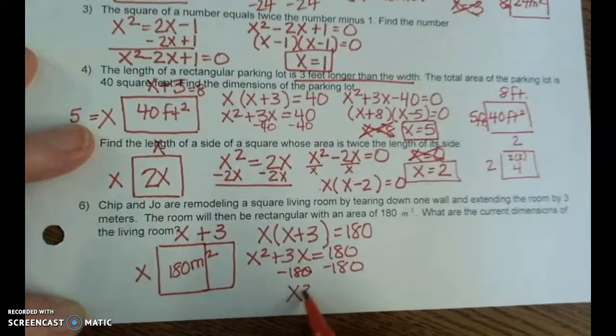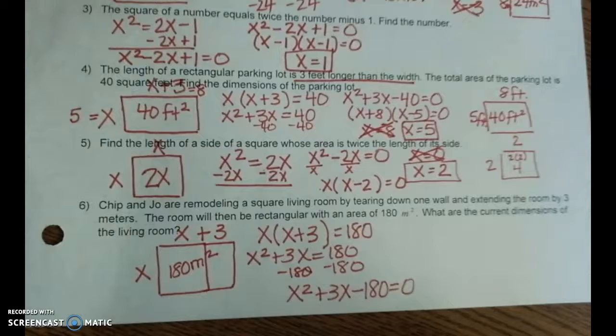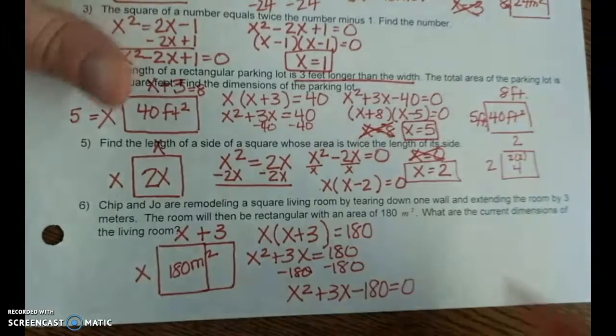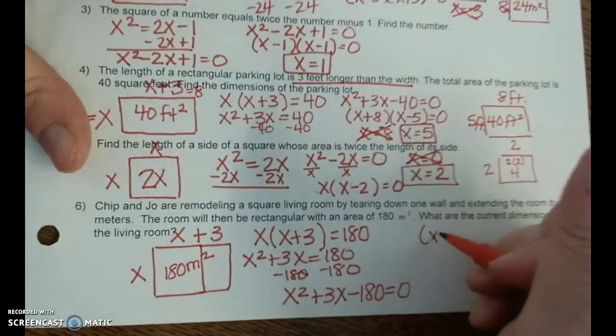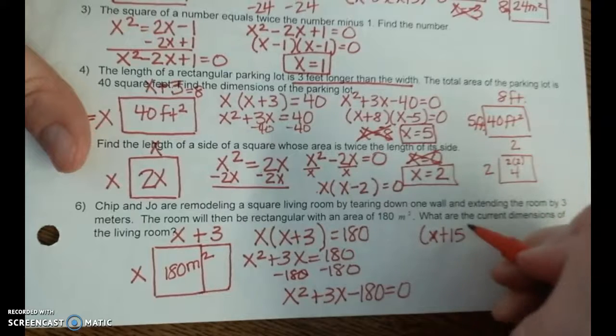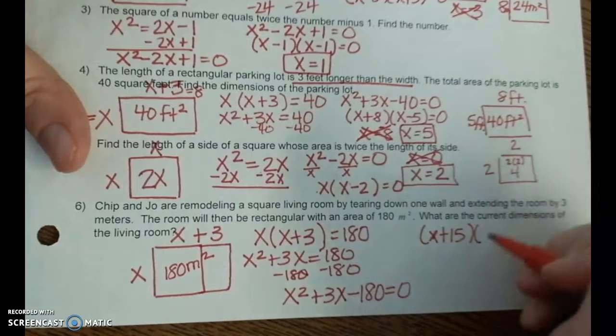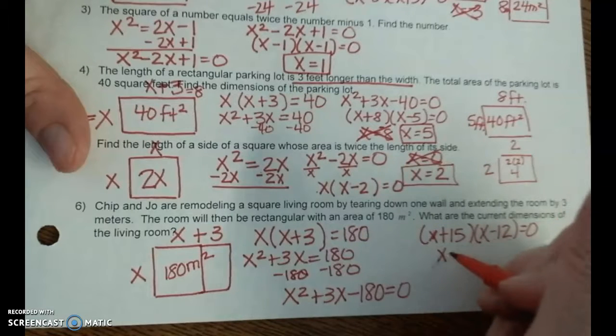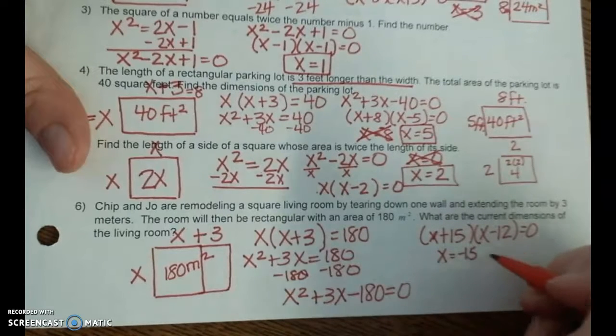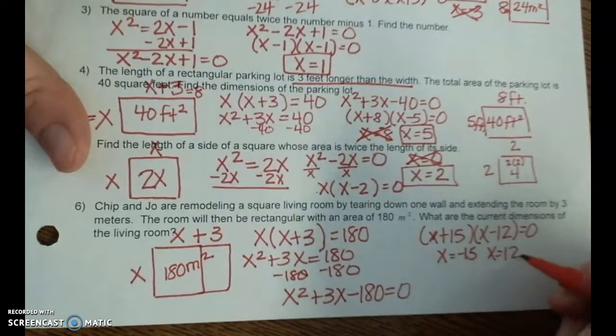And we get x squared plus 3x minus 180 equals 0. When I factor this out, I end up with x plus 15 and x minus 12. So they solve to x equals negative 15 and x equals 12.